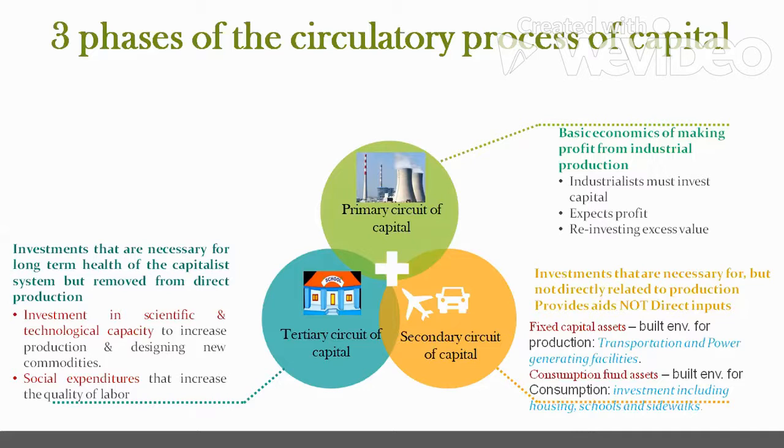Similarly, the second one is social expenditures. When there are expenditures in the social sector, then what would happen? That would increase the quality of the labor. Maybe the social expenditure is in the form of education or various funds that the government gives.